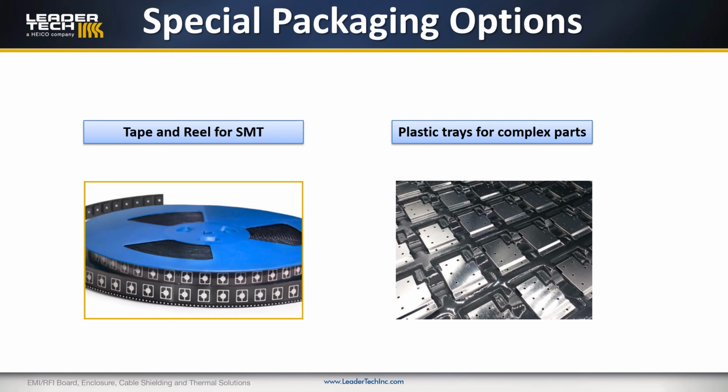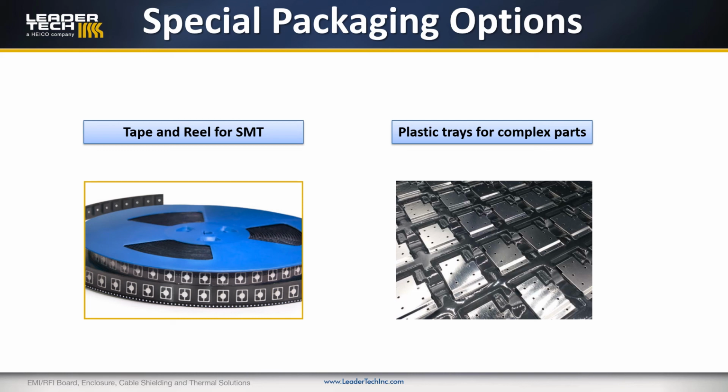The first one on the left here is tape and reel. These are shield frames that are installed in plastic tape in pockets, and these are designed to run through an SMT line. Any type of shield that's generally going high volume, we're going to put it in this type of packaging so that they work on the SMT line.